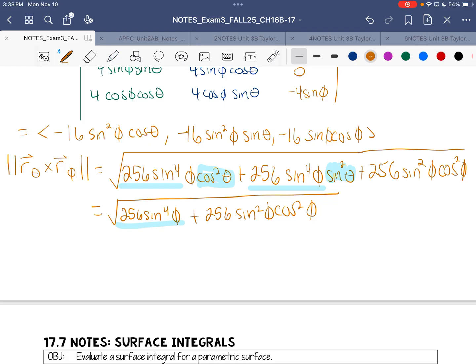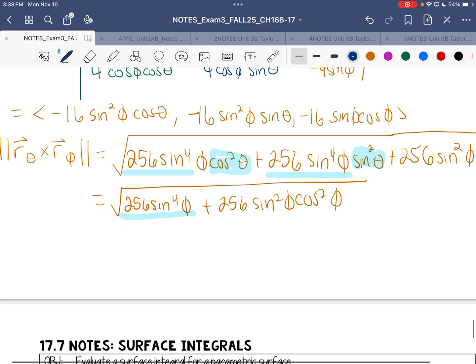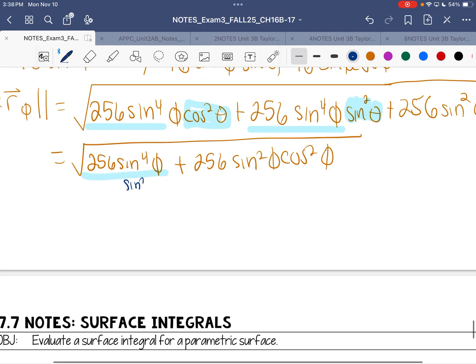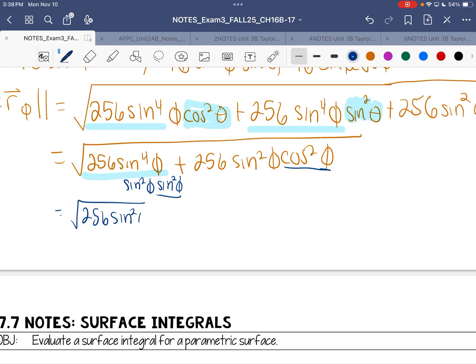And then this is sine squared phi. So we can combine the cosine squared and the sine squared, and it becomes the square root of 256 sine squared phi, which is 16 sine phi.